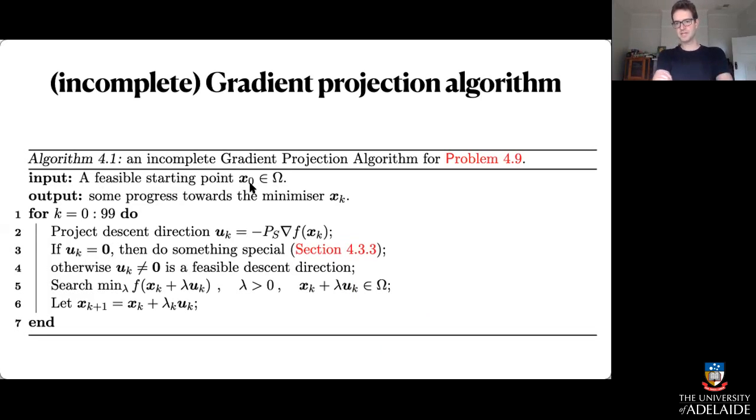We take a feasible starting point, so a point that's within our convex feasible set, and then we iterate a bunch of times. We descend in some direction, and essentially we take the best step that we can in some direction, such that we stay within our feasible set. That's this line here, and then we update. We keep moving around. So there's a few messy things here.